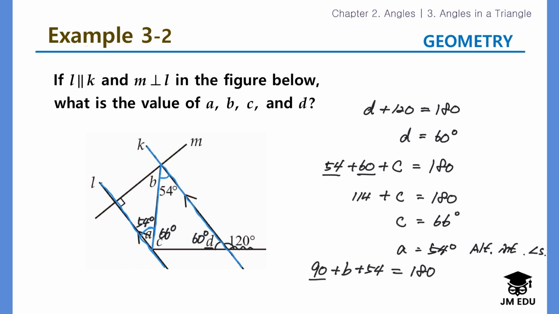So 90 plus 54, that's 144, right? So B plus 144 is 180. So subtract 144 from each side. B is equal to 36. So we have A is equal to 54, B is equal to 36, C is equal to 66, D is equal to 60.